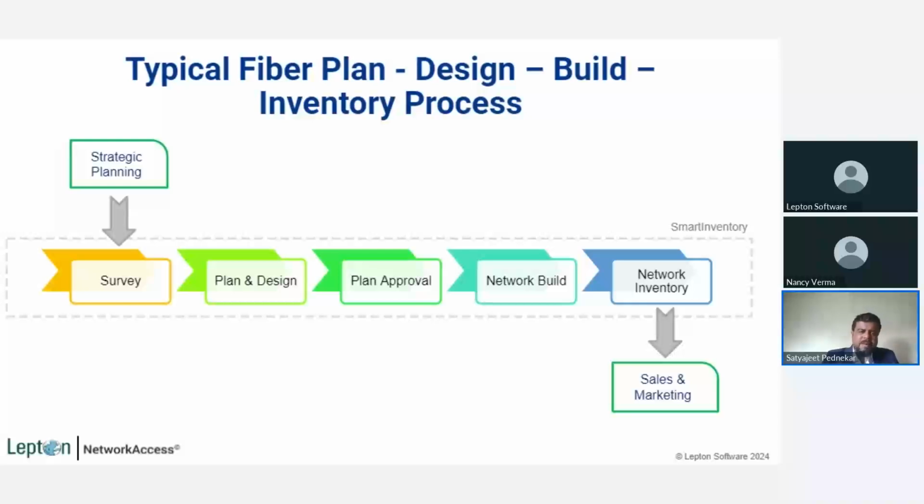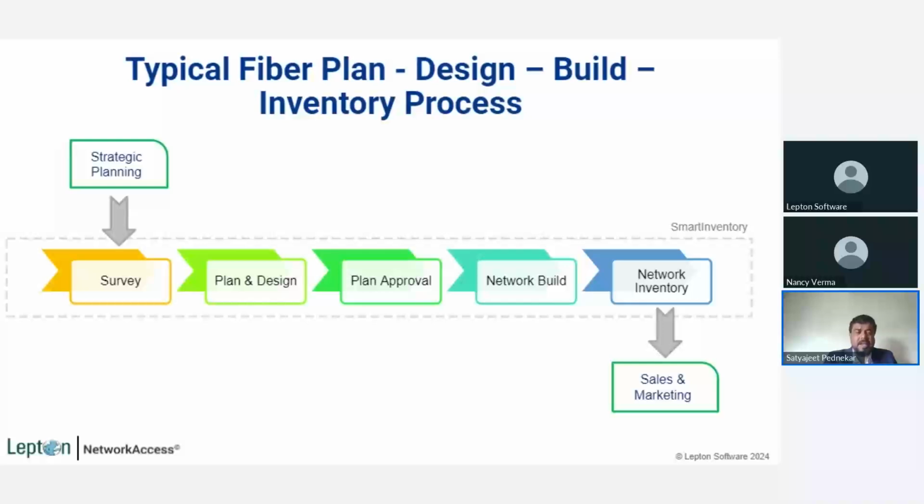And then finally the business expansion to bring new customers on board. This entire process is covered through the smart inventory, and we will go into detail step by step on how all the stages are covered through the smart inventory module.